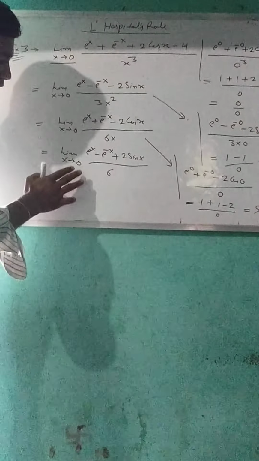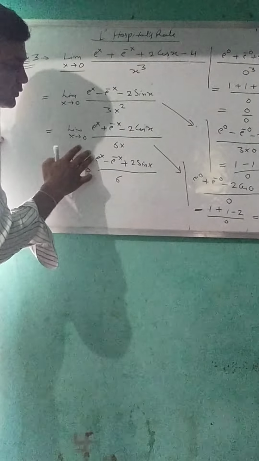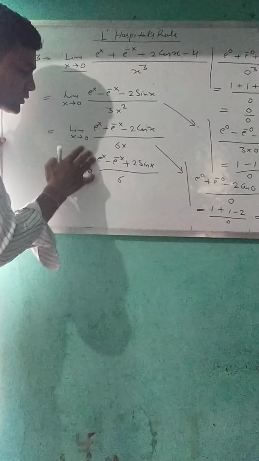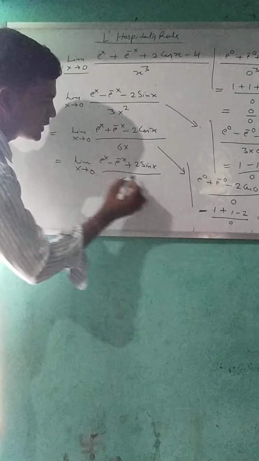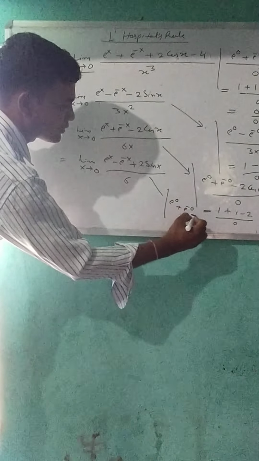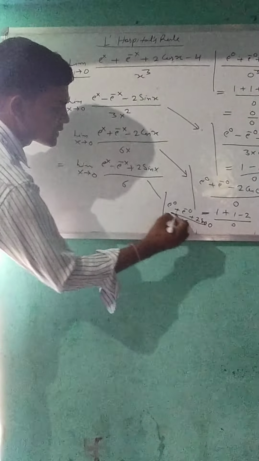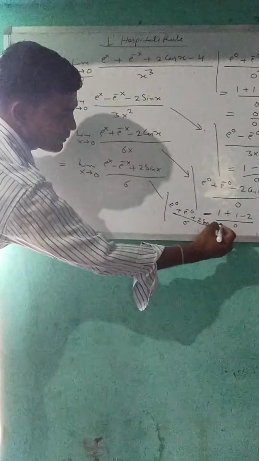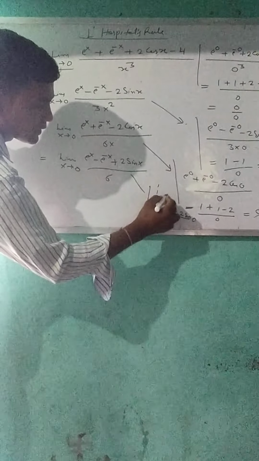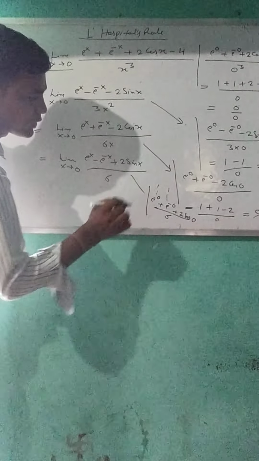Now, before applying the L'Hopital rule for this function, we first verify the form of this function. It is e to the power 0 minus e to the power minus 0 plus 2 sine 0 upon 6. In the numerator, this value is 1, this is also 1, and this is 0. In the numerator we have 0, and in the denominator 6.